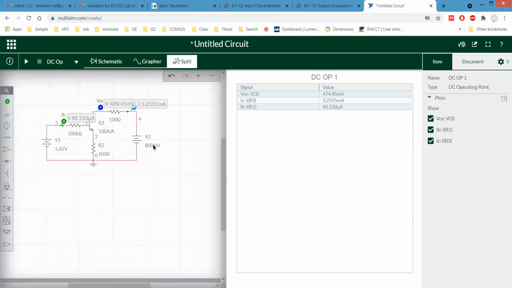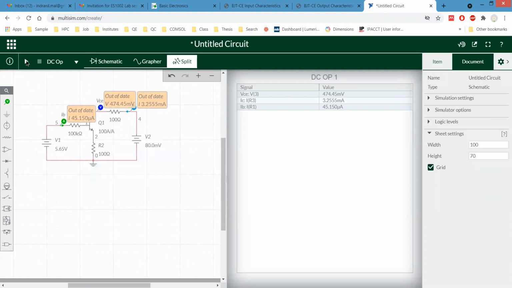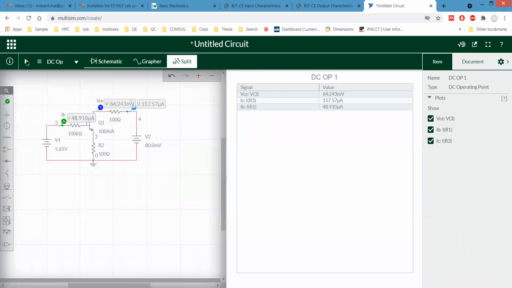No, let's decrease it further, 80 millivolts. Okay, please note down that VC equals 64 millivolt and IC equals 157 microampere. Noted. Okay. You will have a lack of time, so you have to hurry up.